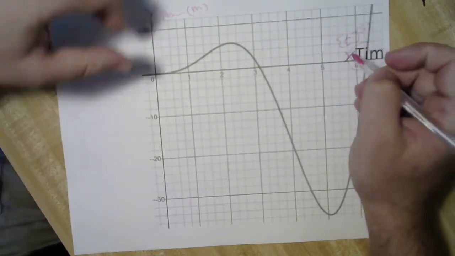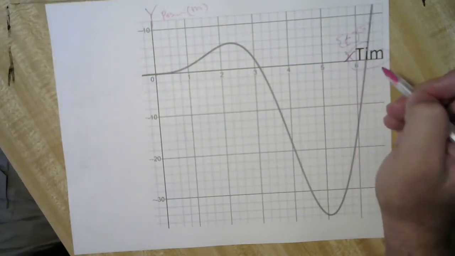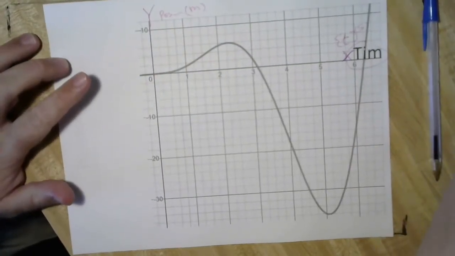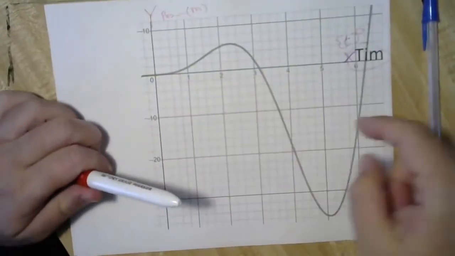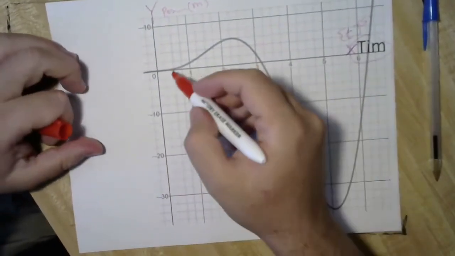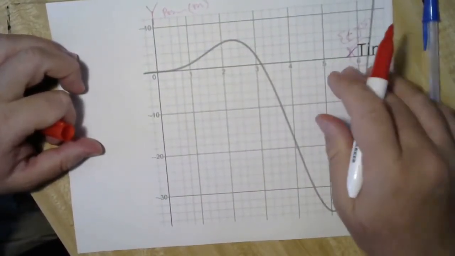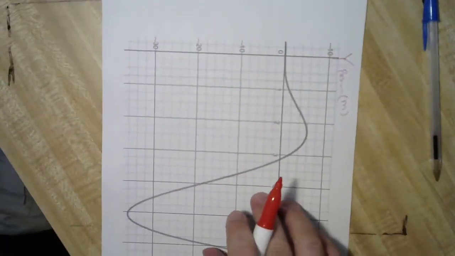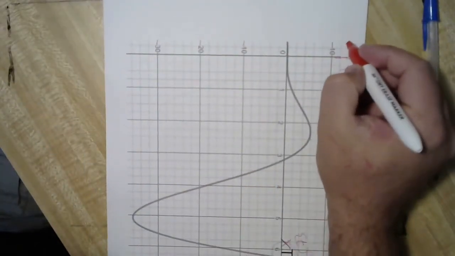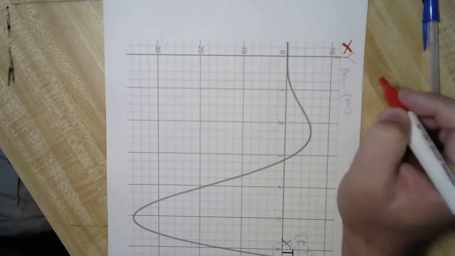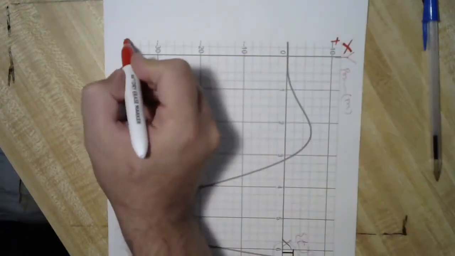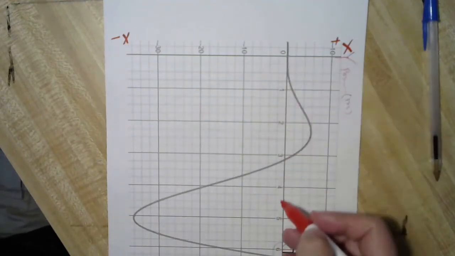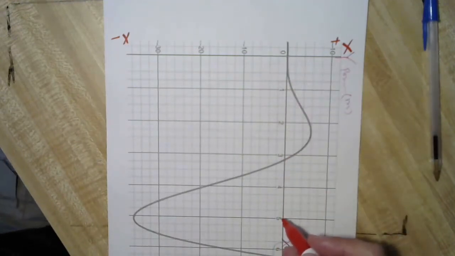You need to understand that the body is not moving along this track. If we put it in this direction, we can see that this is the positive x direction, and this is the negative x direction, and this is the time axis.